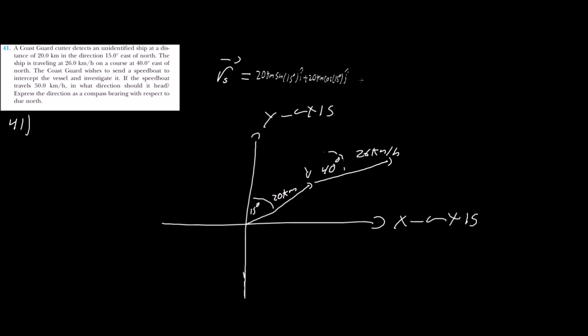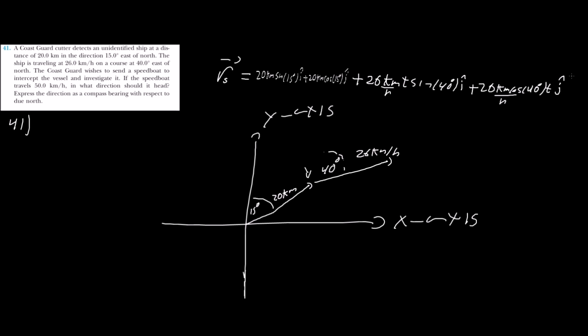So this is the initial position, plus 26 kilometers per hour times the time, sine of 40 degrees in the i hat direction, added to 26 kilometers per hour times the time, cosine of 40 degrees in the j hat direction. So notice, folks, that this is the setup for the ship's R.